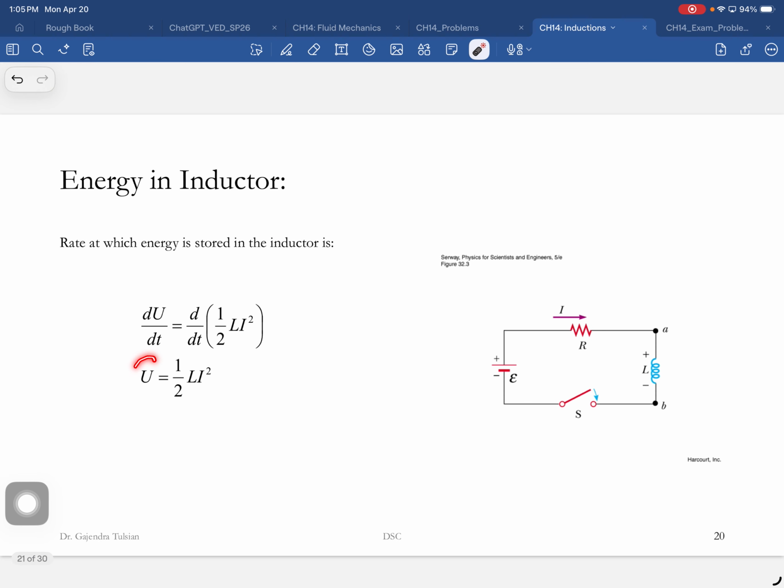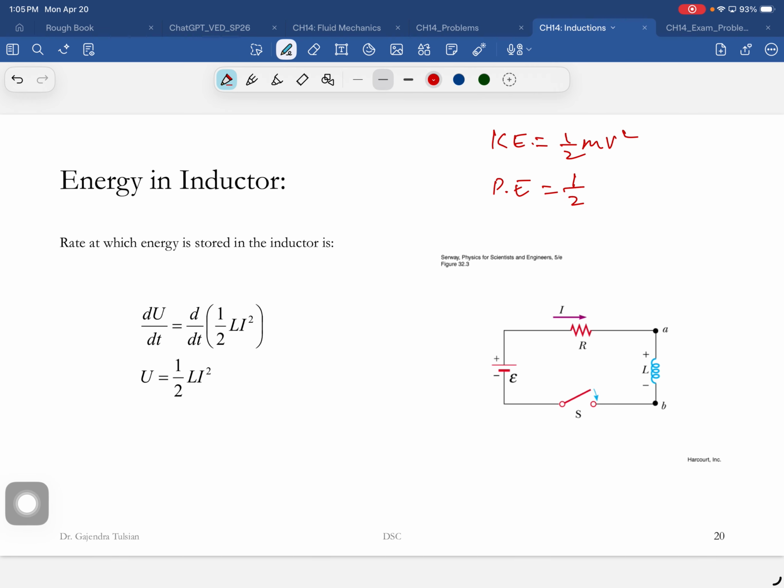So the energy stored in an inductor at any given instant when the current is I is this much, 1/2 Li squared. Okay, so this is just like any other expression that you've seen. Kinetic energy was 1/2 mv squared. Potential energy in a spring was what? 1/2 kx squared.